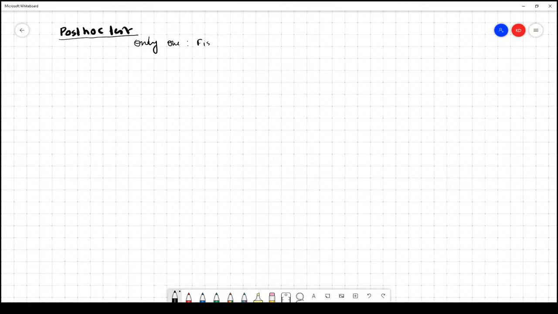This post hoc test is used only when H0 of ANOVA, that means all means are equal, is rejected. In that case, we need to find which pairs or which group or groups are responsible for this rejection.